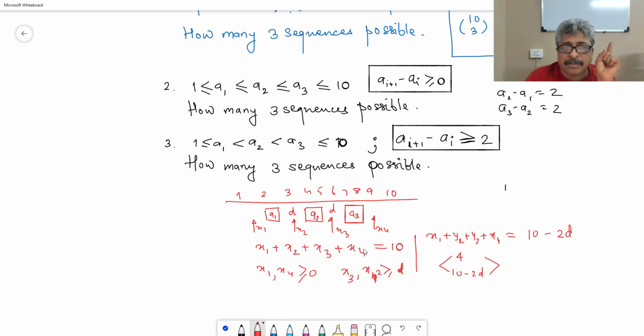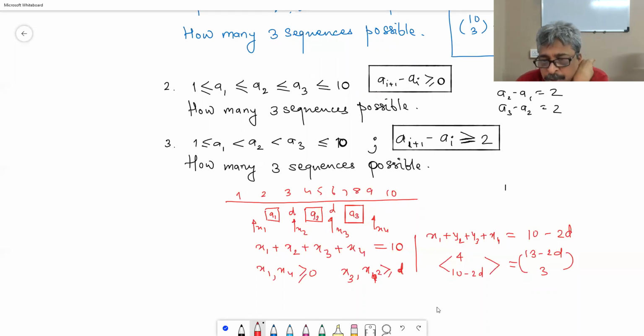So, in case of boys and girls problem, we used to permute boys and girls amongst themselves, which we are not going to do here because we want 1, 2, 3, 4 standing like that, number of chairs, and A1, A2, A3 will be in that direction only. So what is this number? This number is 14 minus 1, 13 minus 2D, choose 3.